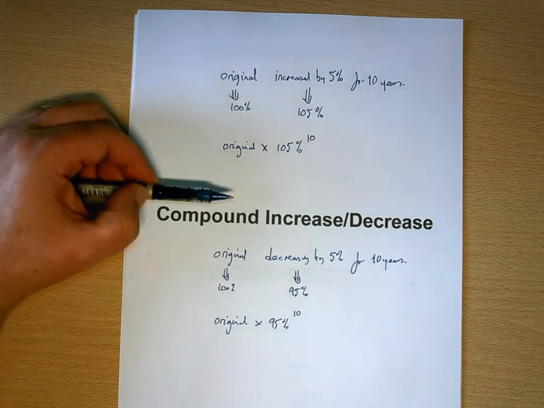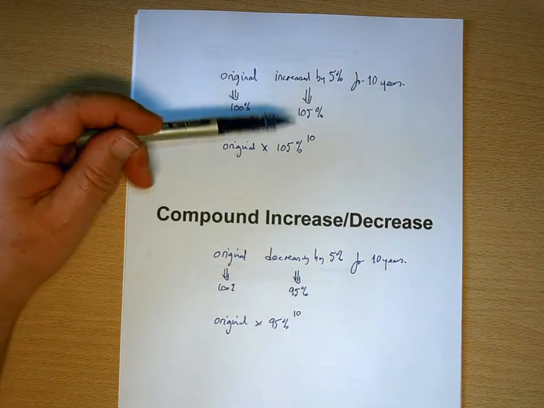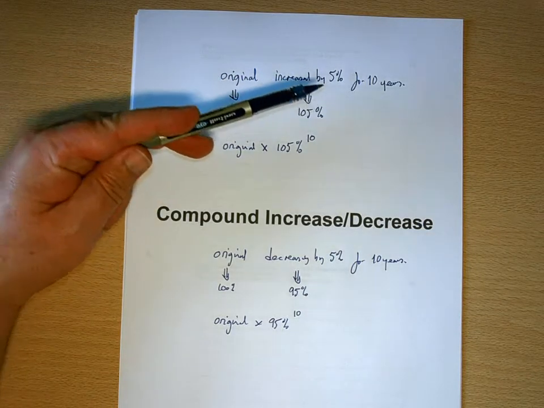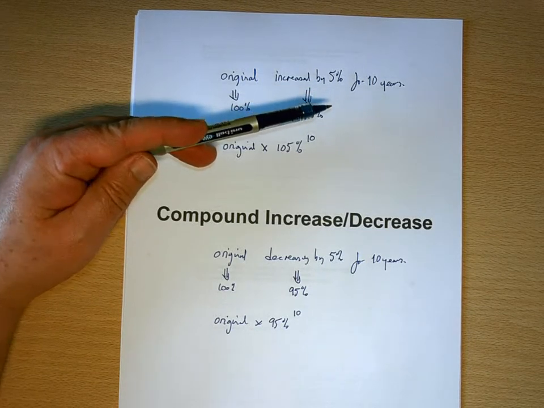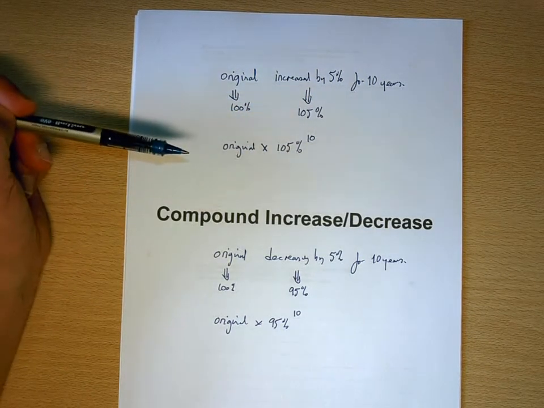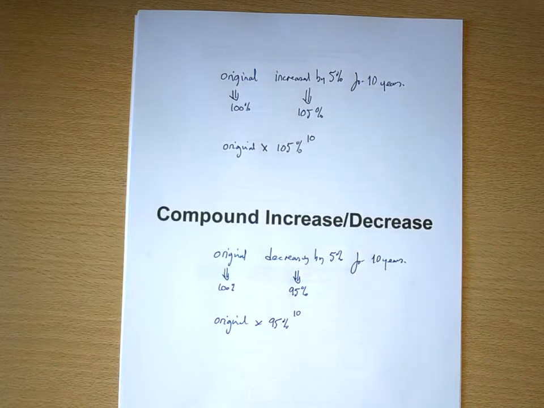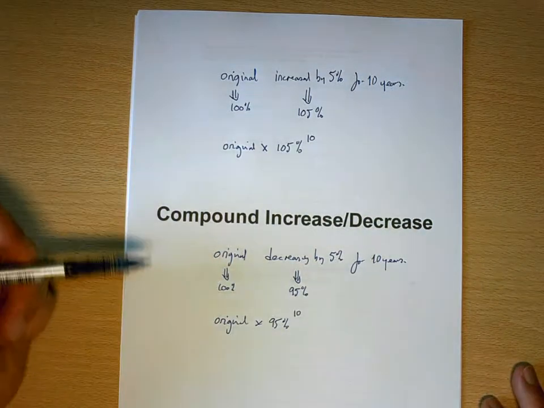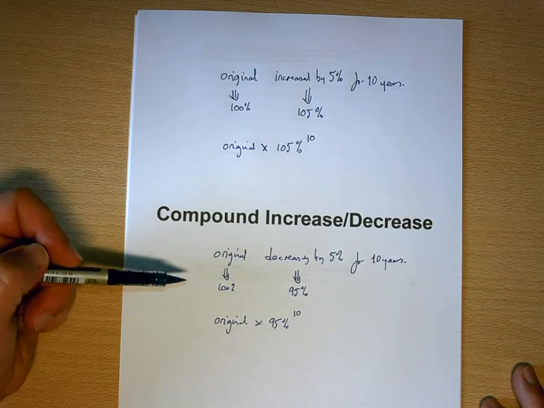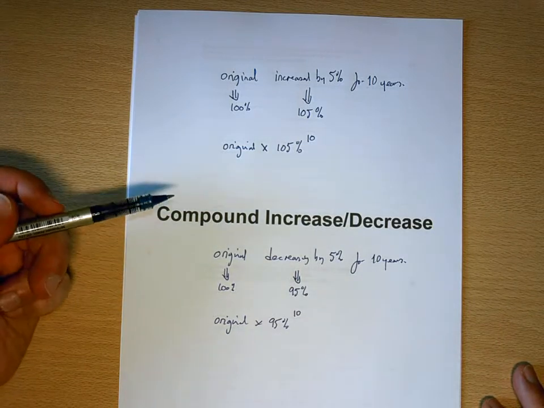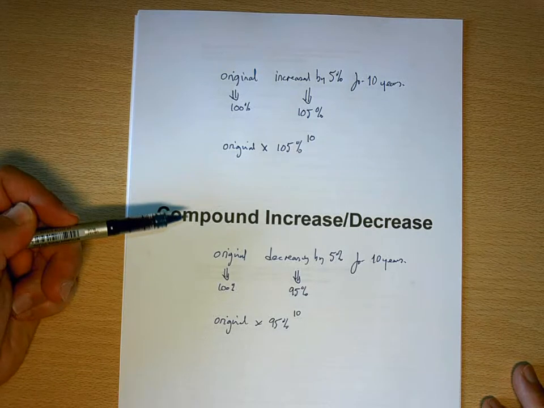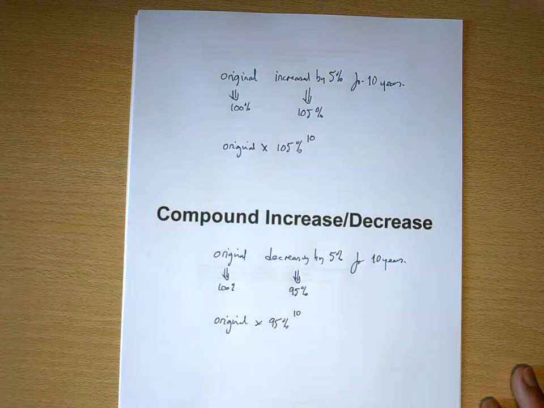But what's happened with the WJEC now is they tend to go for longer periods of time to make it more realistic, but it means that that method is just too long-winded to work with. So it's this method that we'll be looking at using, even though some of these questions are actually older style WJEC questions where you could do it working year by year.